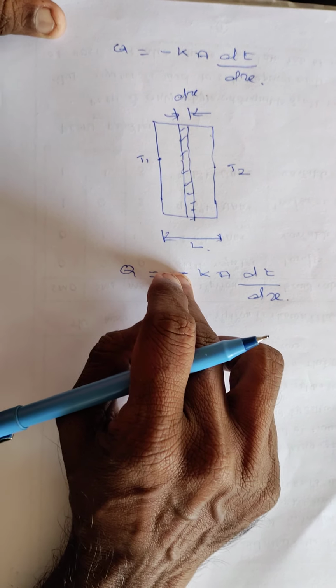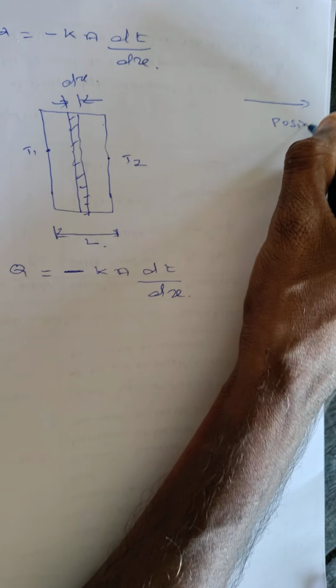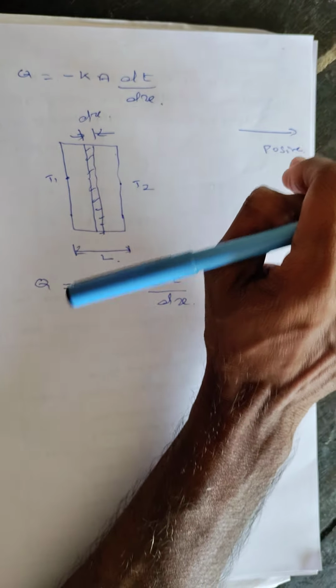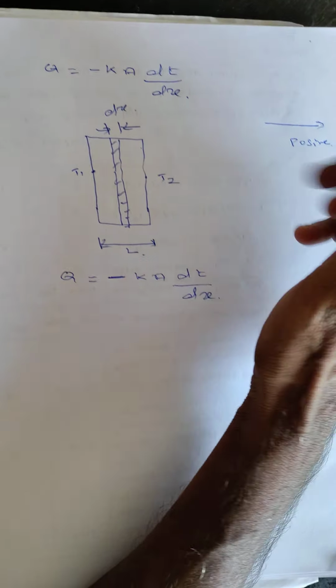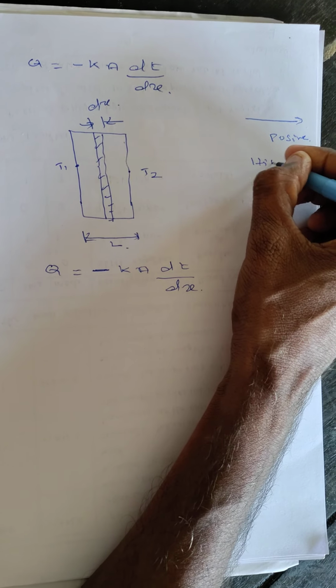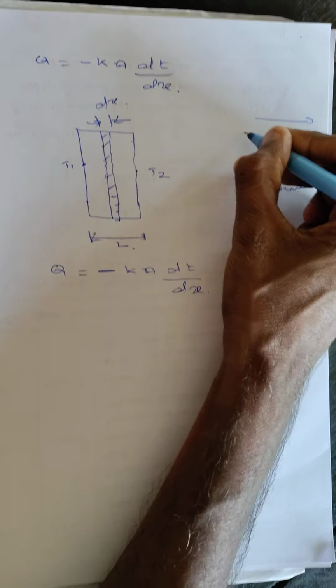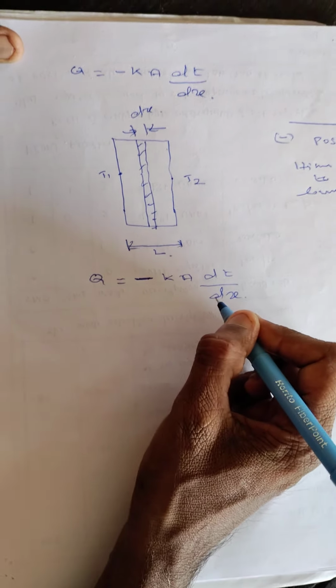Normally, towards the x-axis the value will be positive direction. But heat transfers from the higher region to the lower region. That is why the value comes minus. So they have put minus Ka dT by dx.